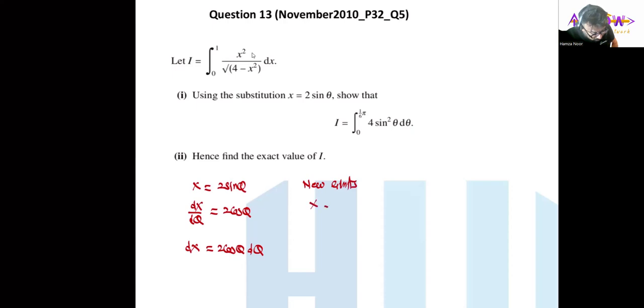So x equals 2 sine theta, meaning when x equals 1, we need to find the value of theta. So sine theta is basically equal to half, so theta will be sine inverse half. Sine inverse half, in radians, is pi over 6 radians. So theta will be pi over 6, as simple as that.